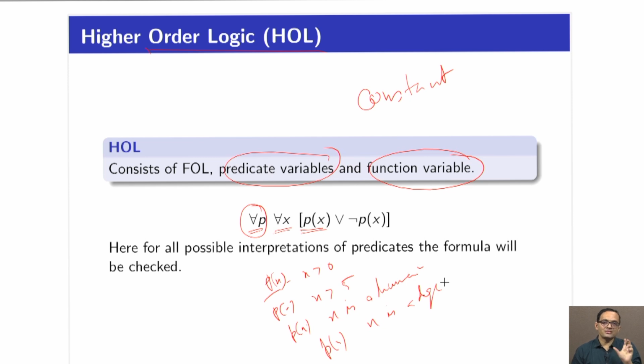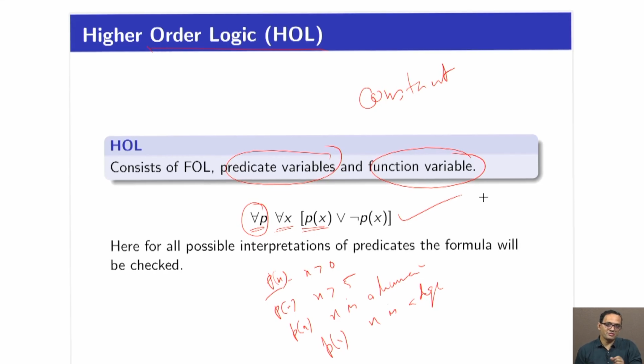In the previous case h(x) has a fixed meaning: h(x) is true means x is a human being. But here you can have different functions or predicates. So, this formula is true means that for all possible meanings of the predicate the formula will be true. So, this is more powerful. Previously you were giving a single meaning of the functions or predicates, now you are giving all possible meanings. So, you are quantifying the predicate also.